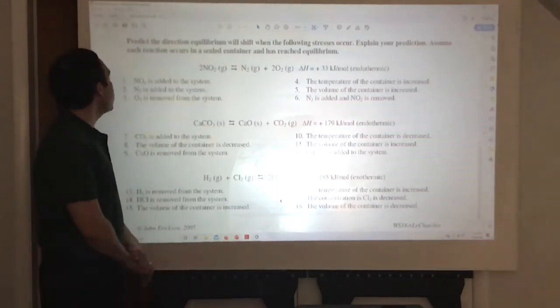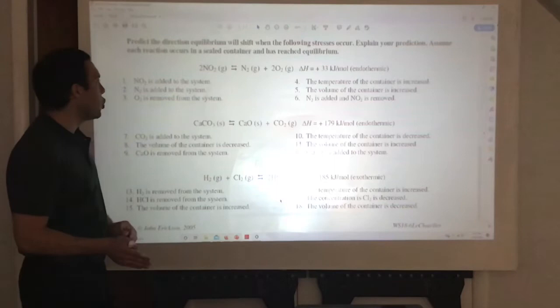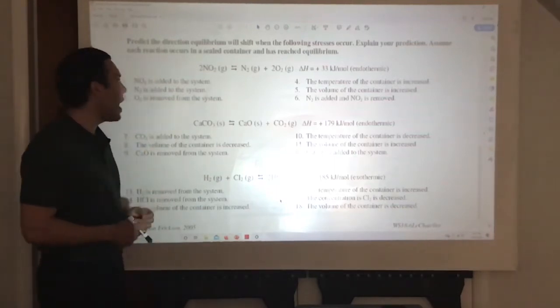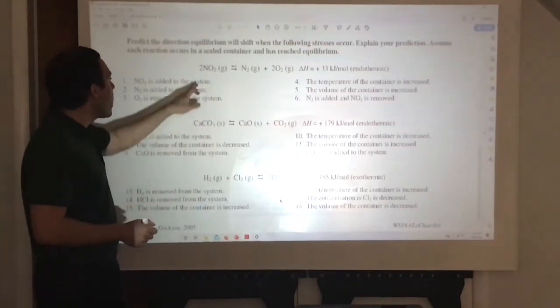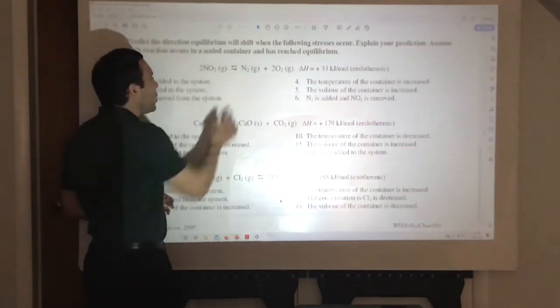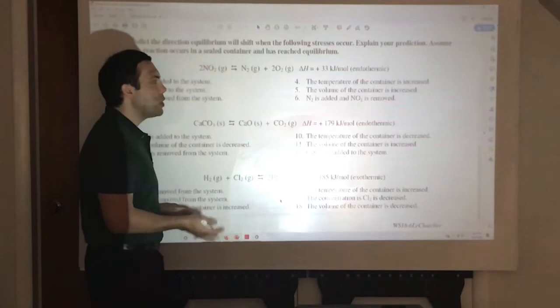The directions state, predict the direction equilibrium will shift when the following stresses occur. Explain your prediction. Assume each reaction occurs in a sealed container and has reached equilibrium. The reaction is 2NO2 gas goes to N2 gas plus 2O2 gas.